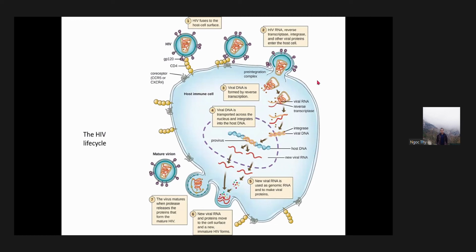HIV in fact infects only one cell type, the T4 leukocyte, the T4 white blood cell. The membrane of the T4 leukocyte has a receptor called the CD4 receptor, and HIV recognizes the T4 leukocyte based on this CD4 receptor.